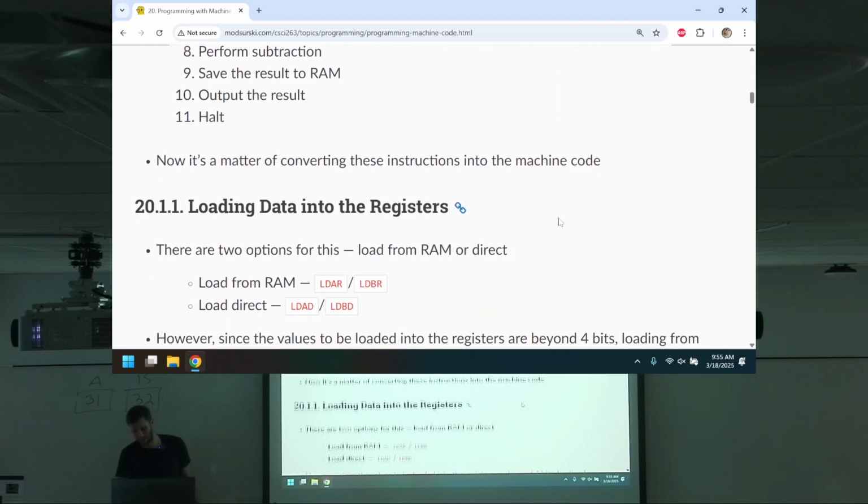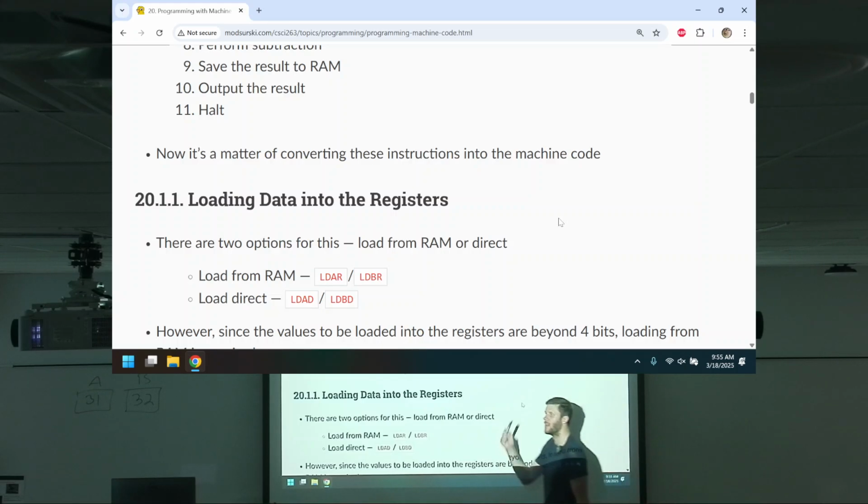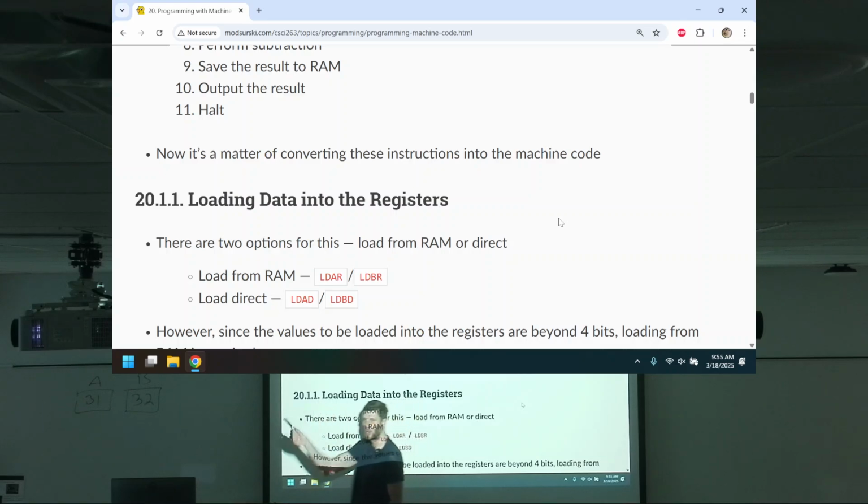So now it's a matter of converting these instructions into machine code. Now, loading data into the registers, we've got two options: load A from RAM, load B from RAM, and load A and B directly. But because the values 31 and 32 require more than 4 bits to represent, they must come from RAM.